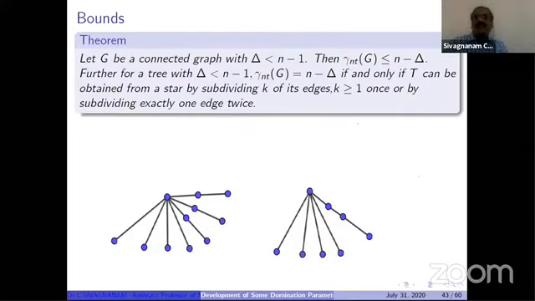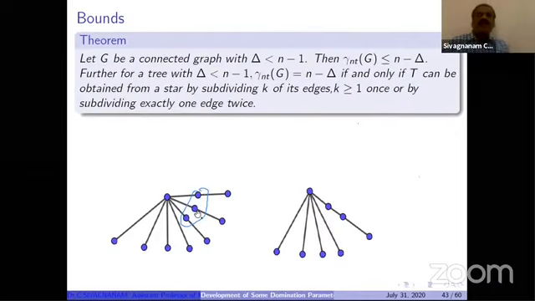I am giving the example here. So you have to see this graph. This is a star graph. These are the edges, three edges subdivided one time. This edge subdivided one time, this edge one time, this edge one time. This type of graph.